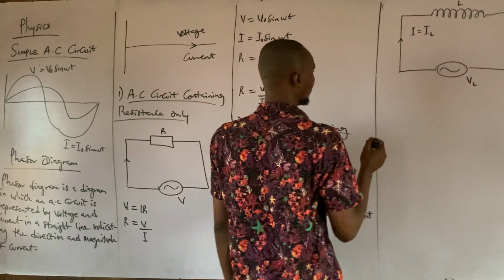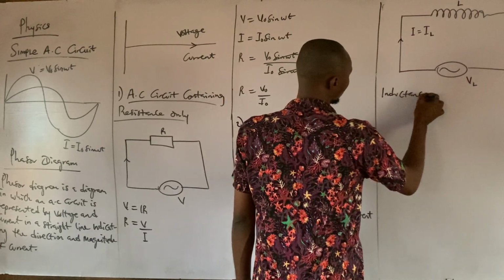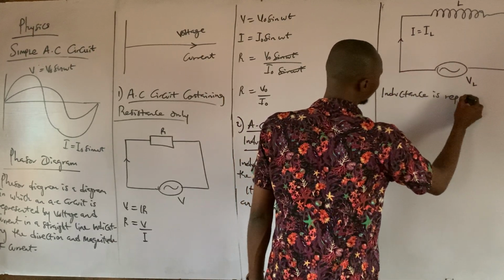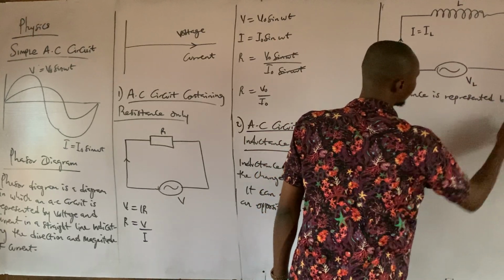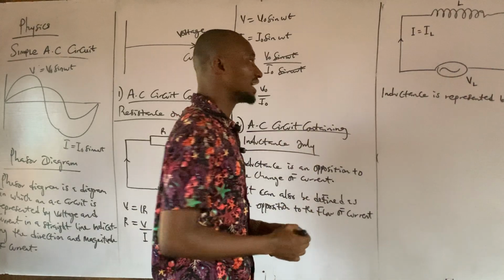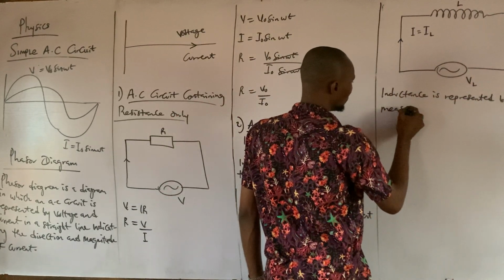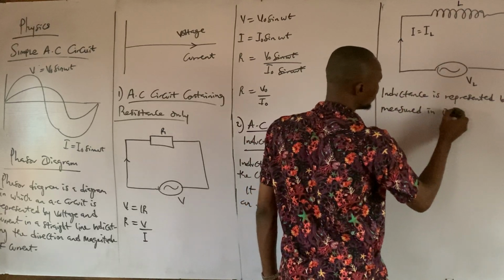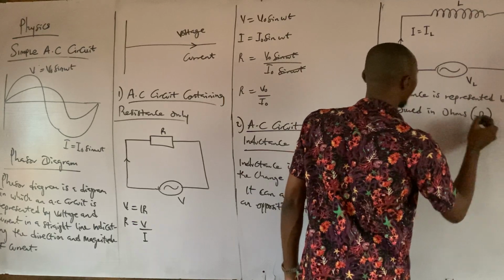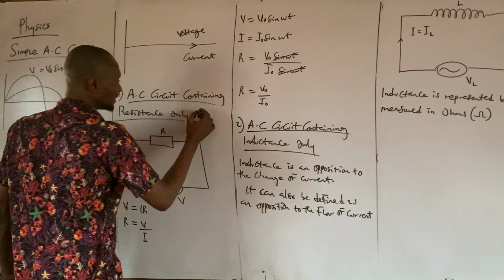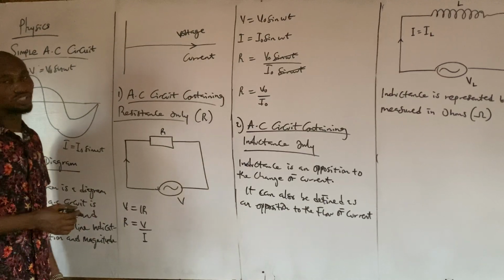So here now, inductance is represented by L, and measured in ohms, in brackets, something like this. Likewise, resistance, you know the representation is R. Resistance is also measured in ohms.